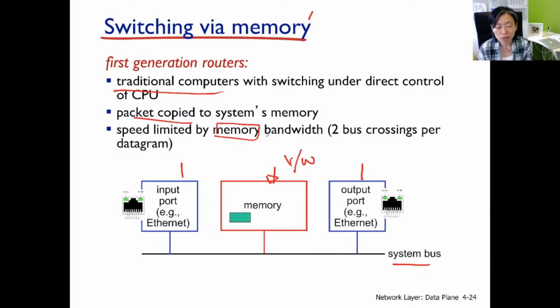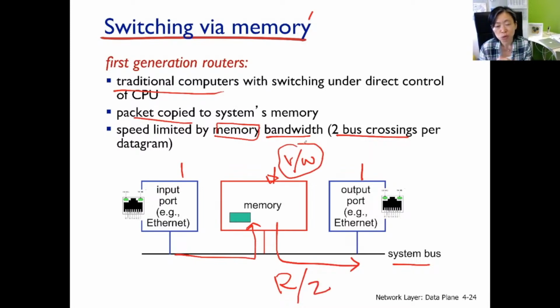This is usually very slow and the cost of the memory is also high. Not to mention, we send packets into the memory and we also fetch packets out from the memory, so each packet has 2 bus crossings. If the bus speed is R, the throughput can only be R over 2, if this is not limited by the memory's read-write access time.